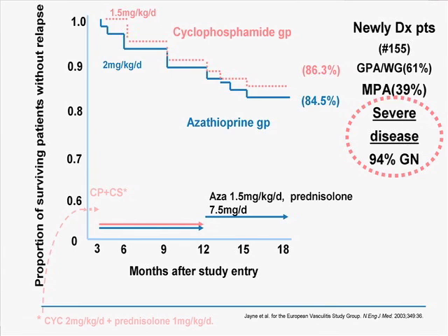And at 18 months, again, there's no difference between the groups that started on cyclophosphamide, continued for a year, or was switched off to azathioprine. So what they proved was that you could spare long-term cyclophosphamide use and have good maintenance of remission with azathioprine and have much less toxicity than you would with cyclophosphamide.